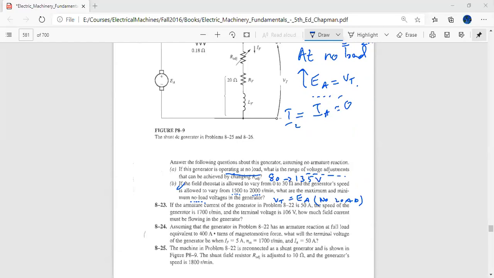So let's go to the whiteboard and try to investigate this problem. Okay, so now we are going from 1500 to 2000 RPM. I believe you can see my whiteboard. And the graph is for 1800 RPM.